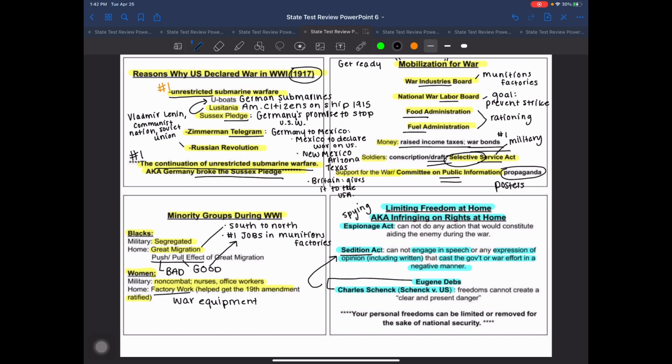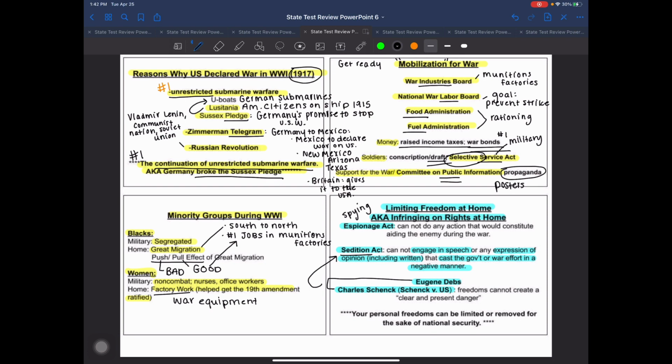Now, Charles Schenck did try to challenge this because he's looking at the Constitution, he's looking at the freedoms that it says that he has, and he basically states that he can print whatever he wants to, that he has the freedom of speech. He can say these things. If he doesn't think soldiers should be registering for the draft, he can say that. That's what he thought.